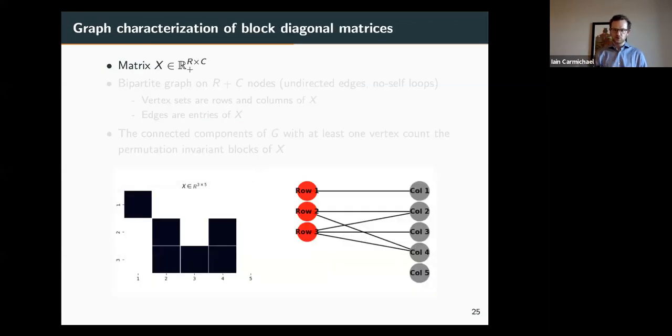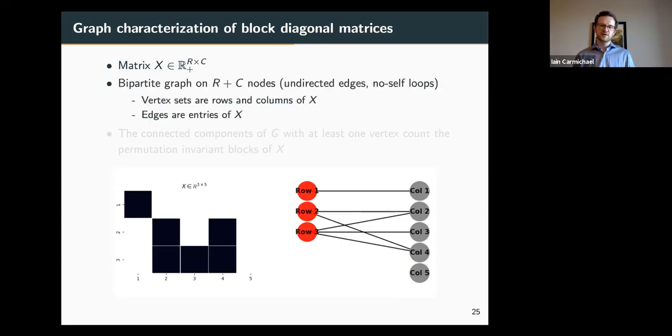But now for a more interpretable definition, we're going to take a network's perspective on this matrix. So we have some matrix X. And I should emphasize that our matrix X is always constrained to be positive. So we have some matrix X, with R rows and C columns.